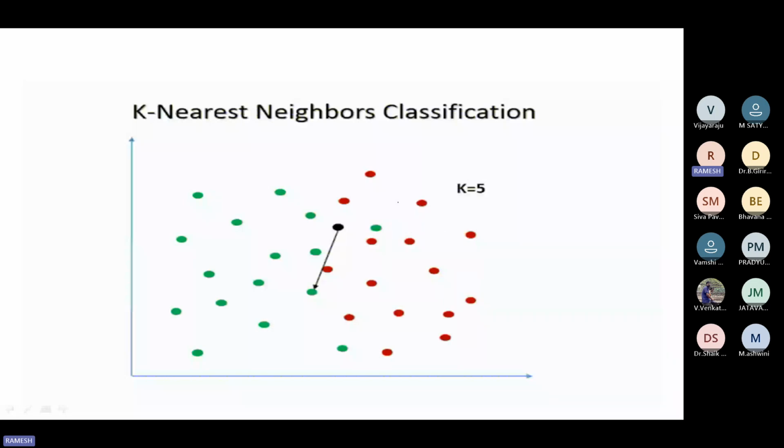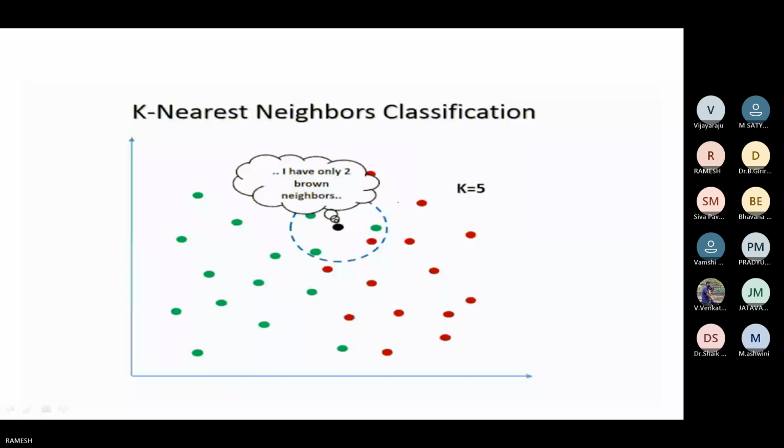For that, we calculate the distance to each and every point in the data set, and after calculating all the distances, we find the nearest neighbors. Nearest neighbors means the data points which maintain less distance. Those data points are the nearest neighbors.